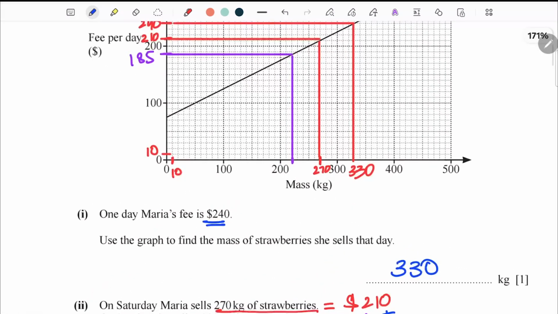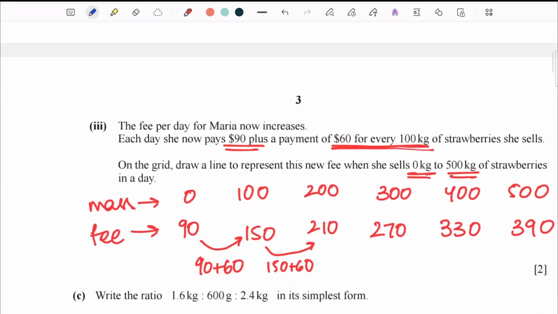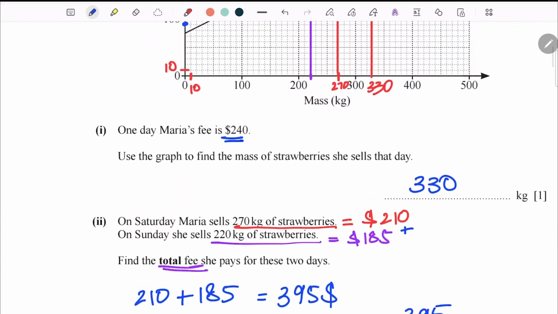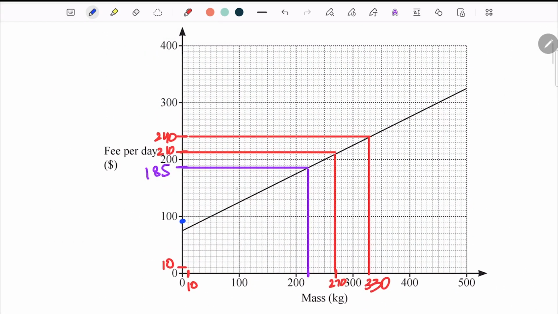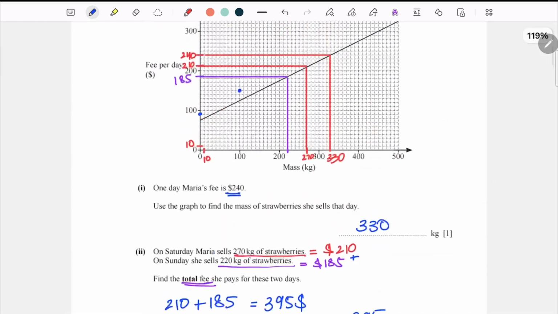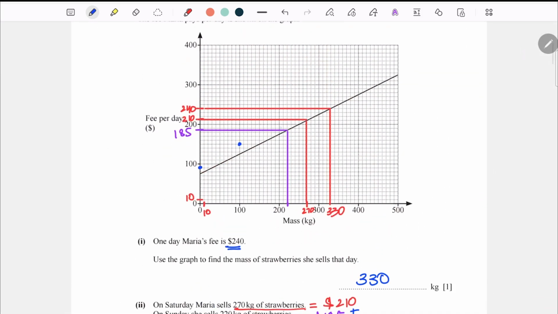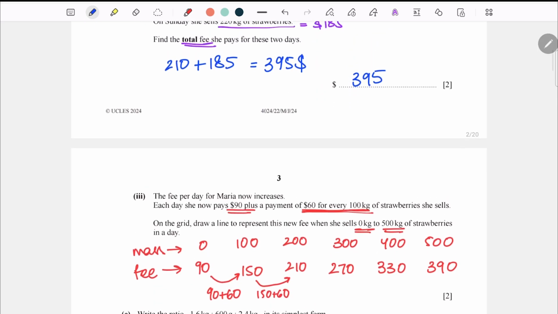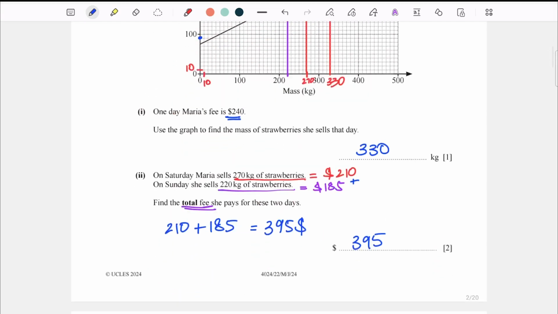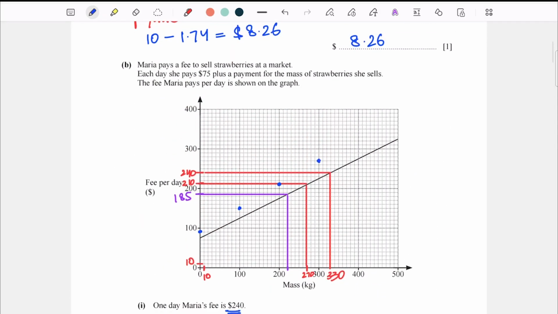When the mass is 0, the payment will be 90. So 0 and 90 is the first point. The second point is 100 and 150. Third point is 200 and 210. $300 and $270. $400 and $330.